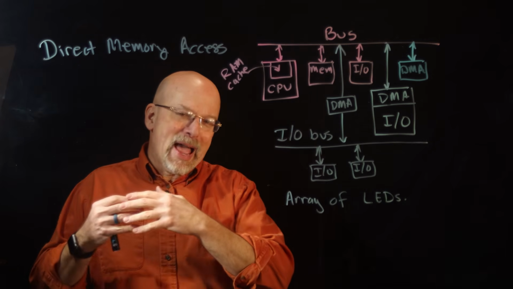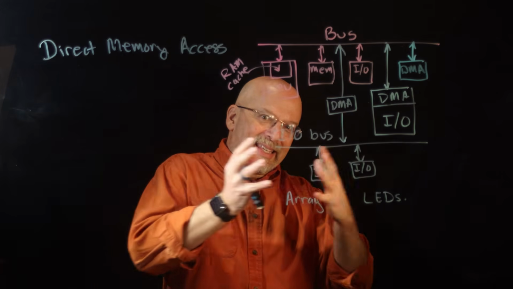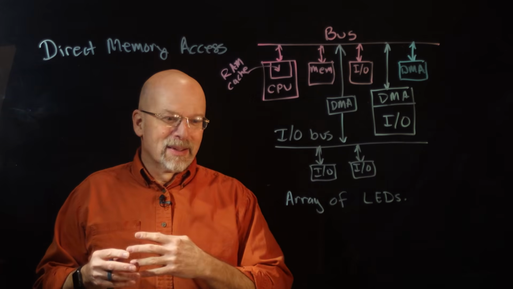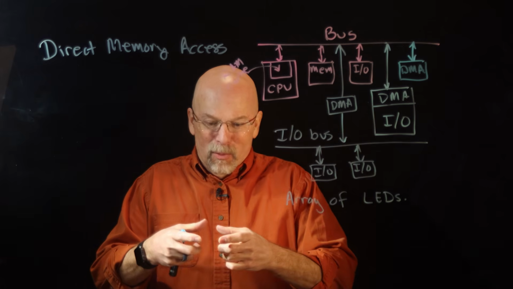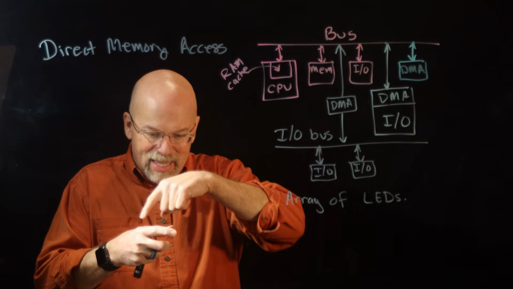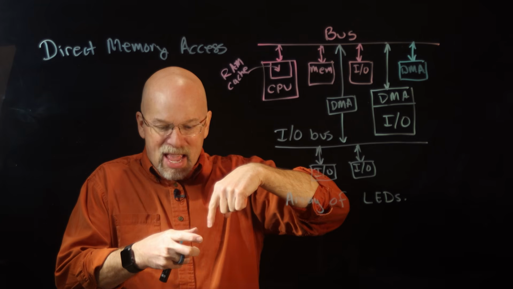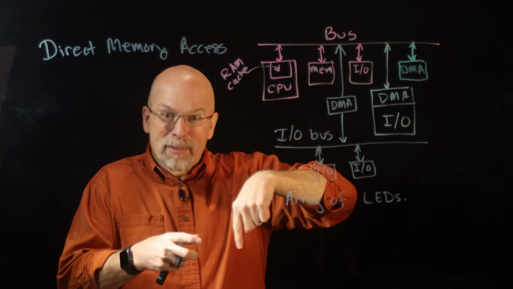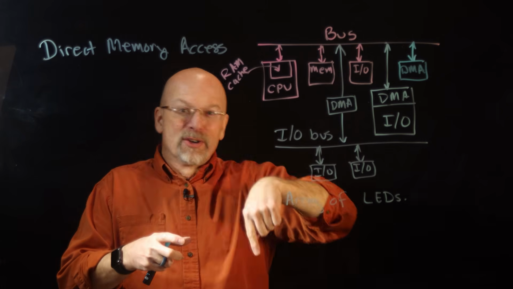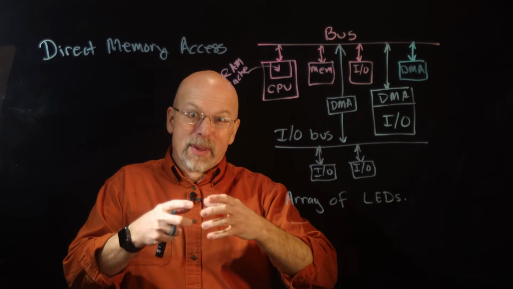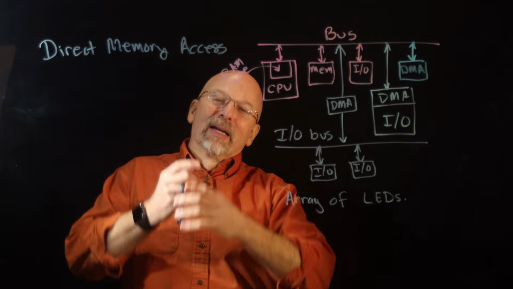I want to make this pattern that the LEDs go through. Maybe it's one of those little personal devices that has a ring of colored LEDs. And I want to send a pattern so it'll make a swirl in one direction or a swirl in another direction, or maybe they'll all dim and all get brighter.